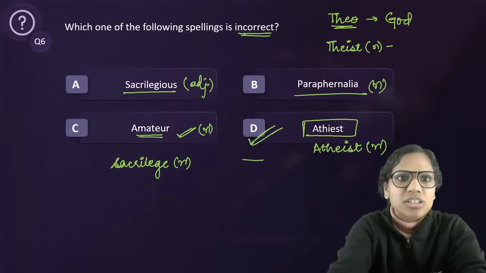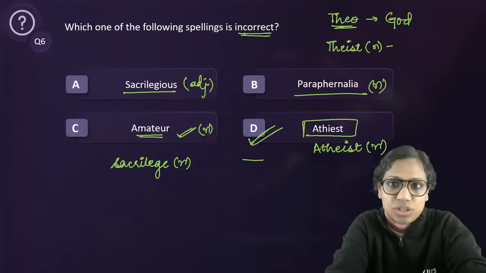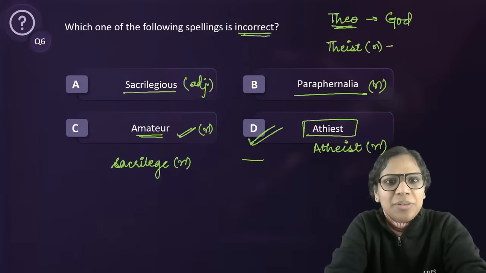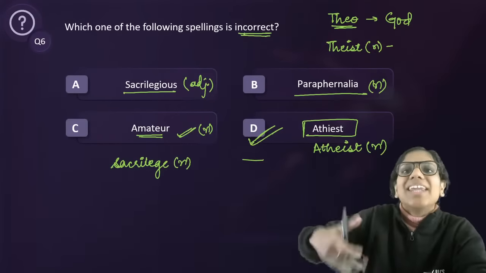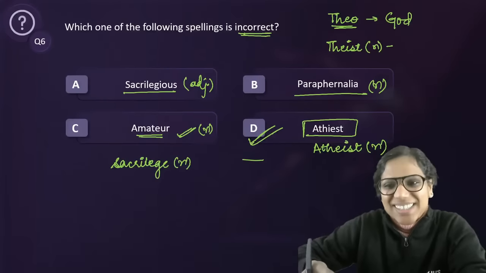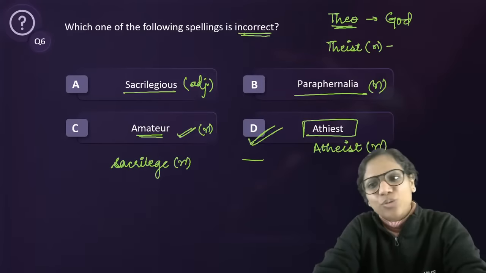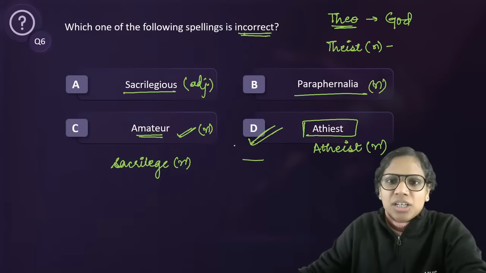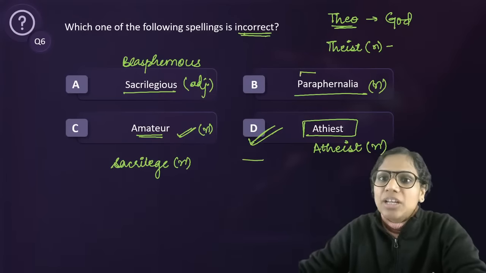Okay, so for instance, let's say you said something against some major organized religion, then you have committed sacrilege. Okay, so sacrilegious is an act basically in the nature of committing sacrilege, something by which sacrilege is committed. Profane, sinful, absolutely correct. Okay. Blasphemous is a similar word. Blasphemous. Okay. Paraphernalia.